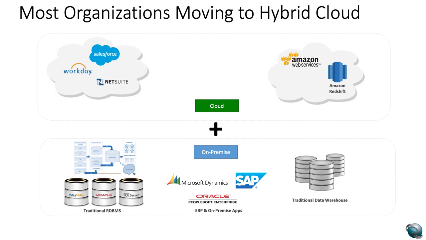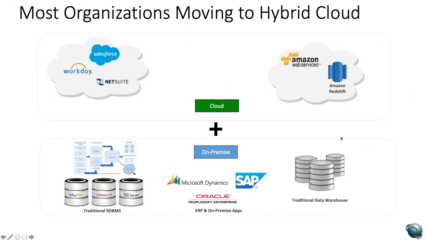So the majority of customers, rather than moving everything to the cloud, build something called a hybrid cloud environment. They keep some or the majority of the components on-prem and move some of them into the cloud ecosystem, which is a combination of both on-prem and the cloud. We call it the hybrid ecosystem.